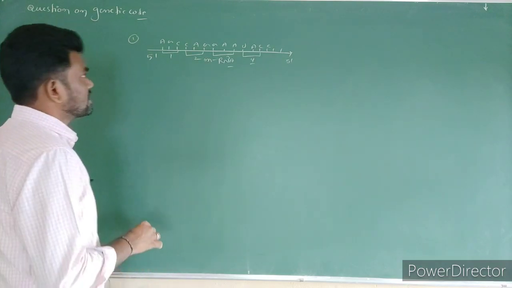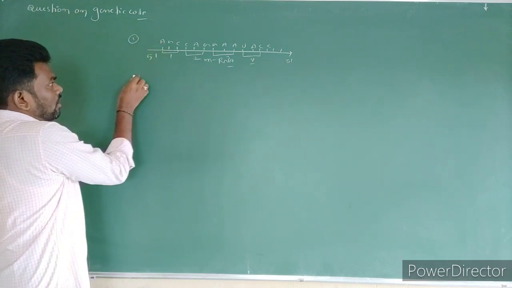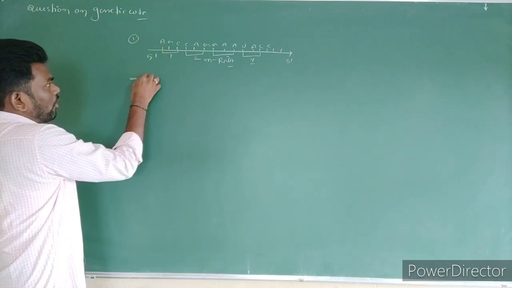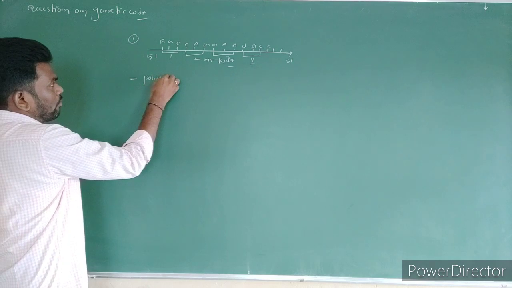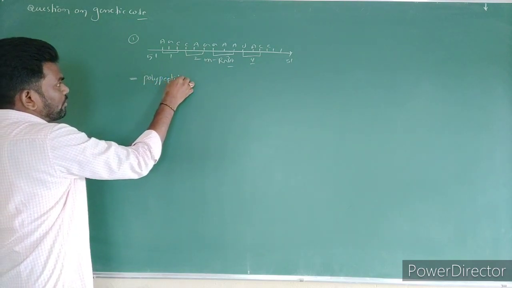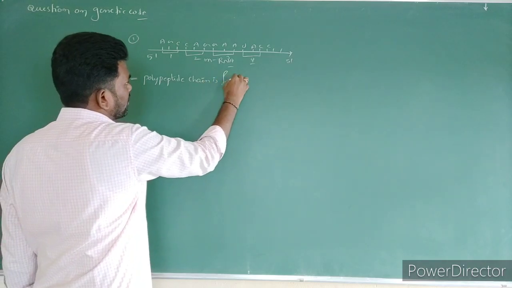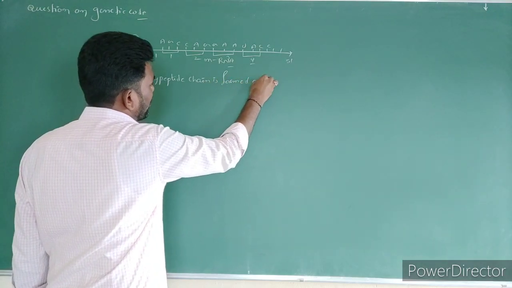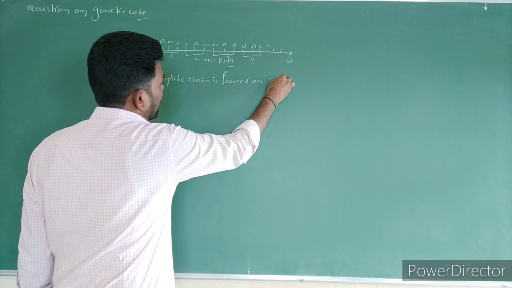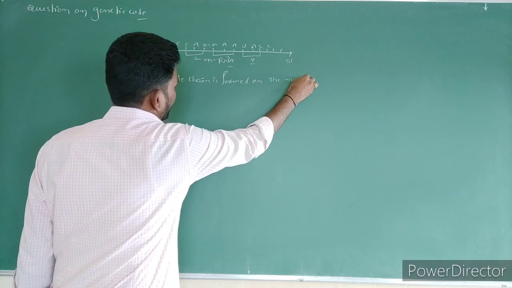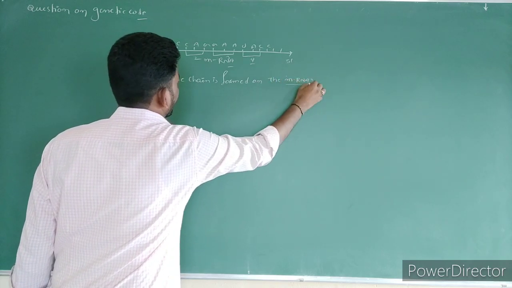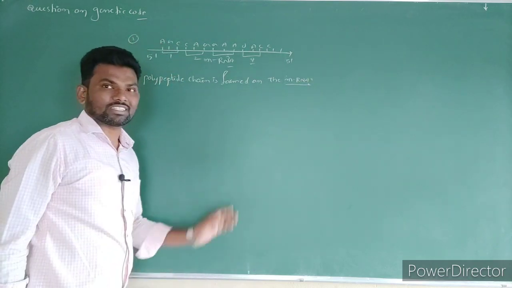So this is an easy question. But once the question asks what polypeptide chain is formed on the above mRNA, now it is a tough task.